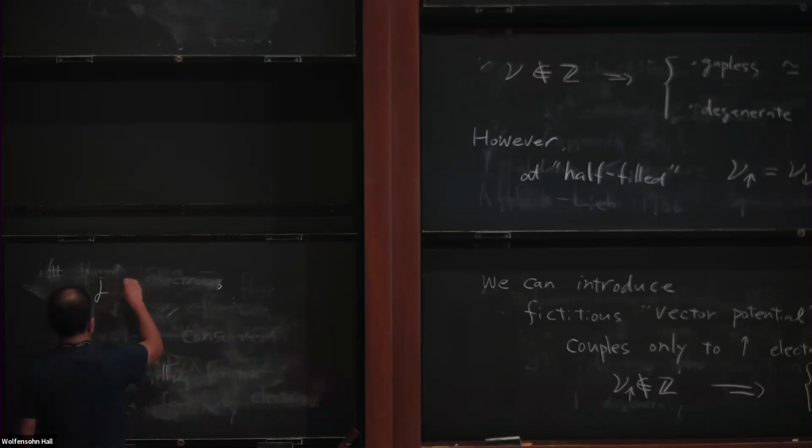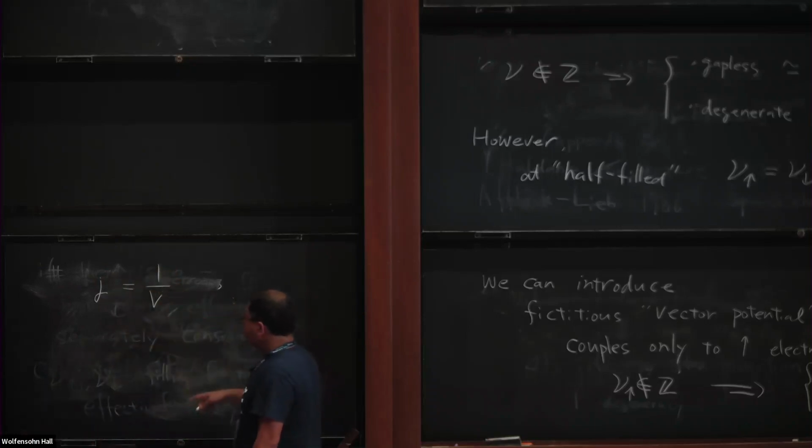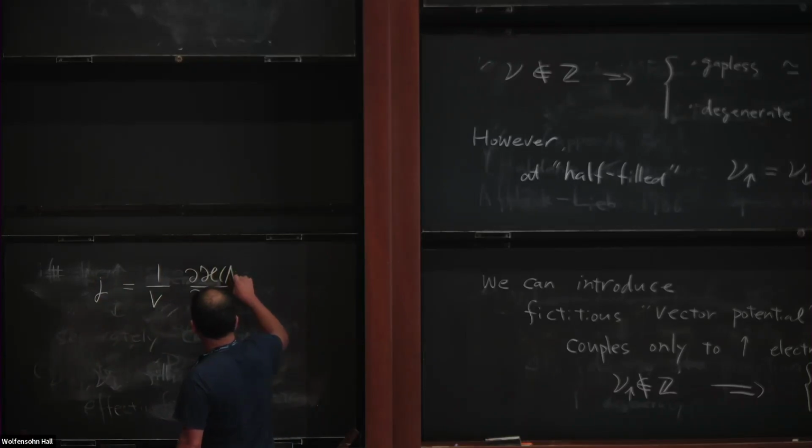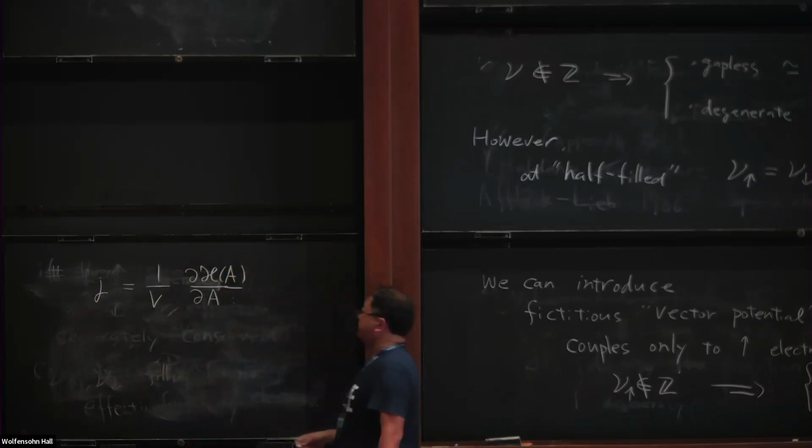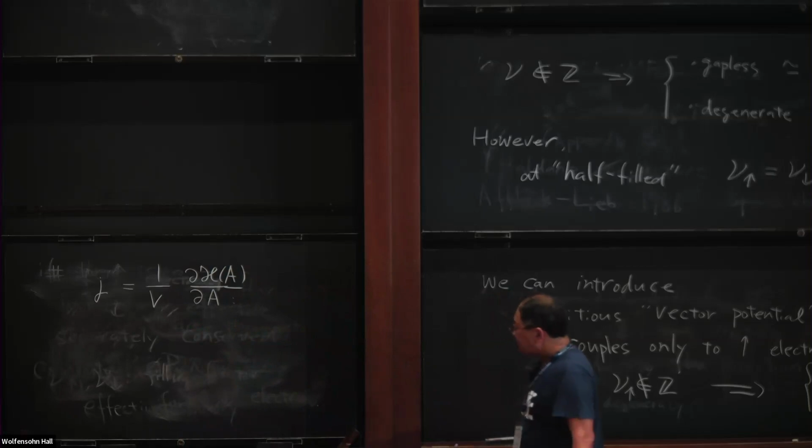So the current of the system is 1 over the volume of the system times the derivative of the Hamiltonian by vector potential. So this is a current operator.